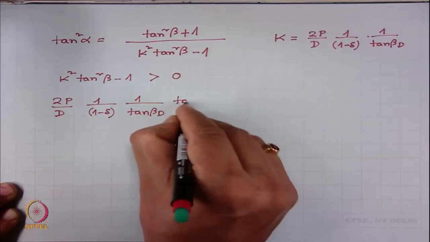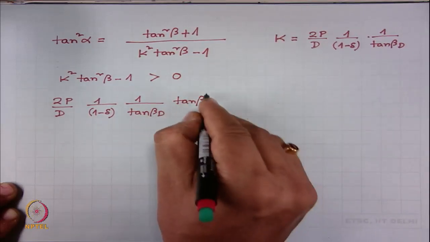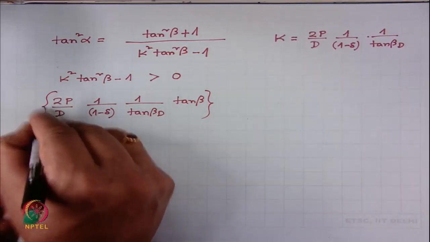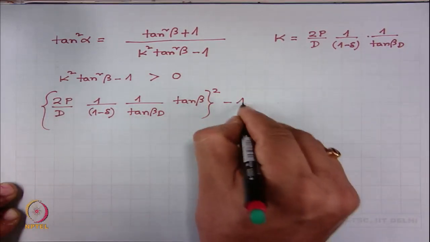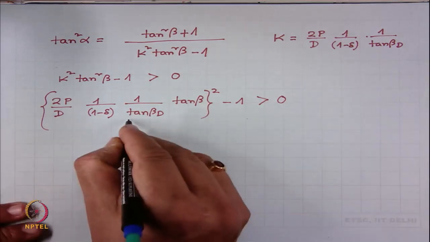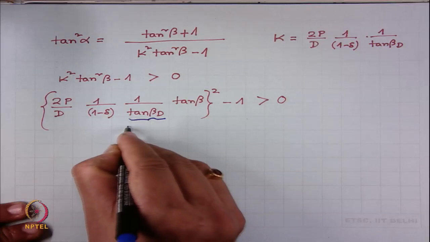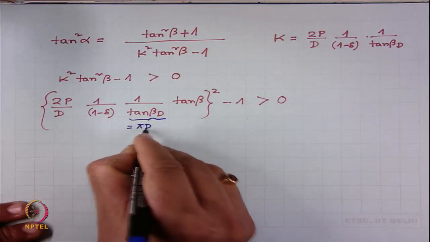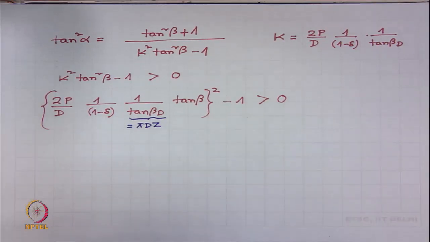Here also tangent of beta square minus 1 must be greater than 0. What is tangent of beta d? That is equal to pi dz. And what is tangent of beta? 2 pi r z.